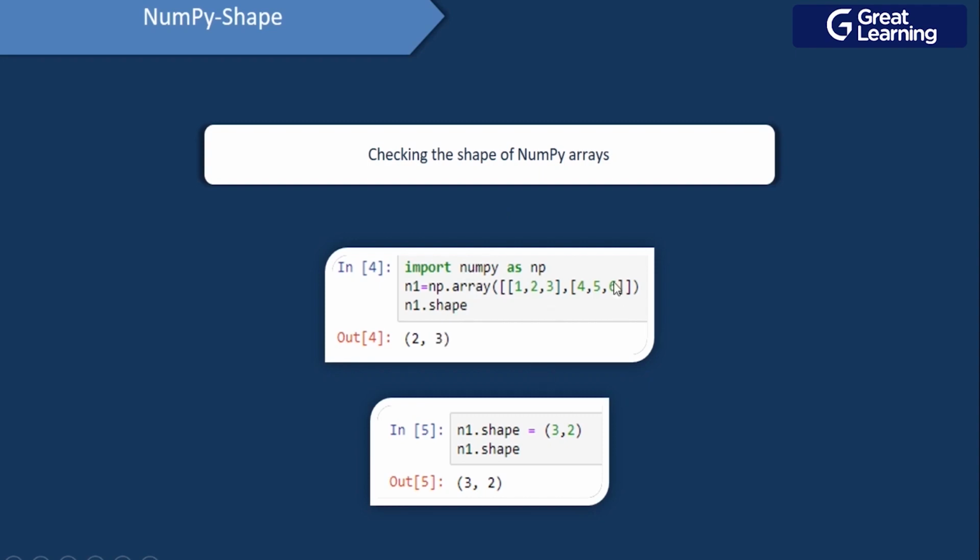Now if we want to change the shape of this, then we can use the same method. So here I'm typing in n1.shape and I'm changing the shape from 2, 3 to 3, 2. That is, instead of having 2 rows and 3 columns, I will have 3 rows and 2 columns. So this same shape method can be used to check the shape of the NumPy array and also reshape the dimensions of the NumPy array.